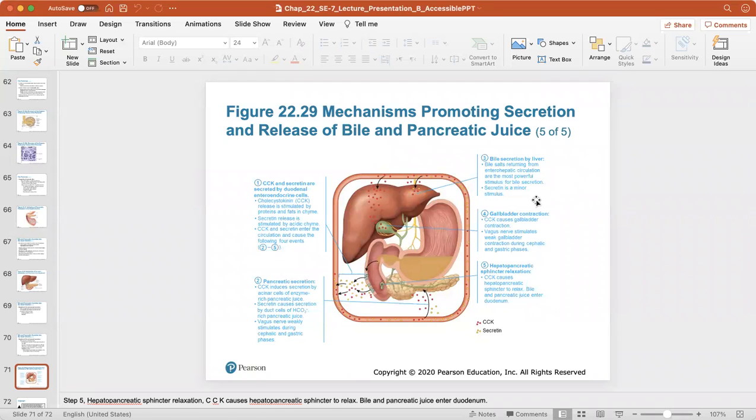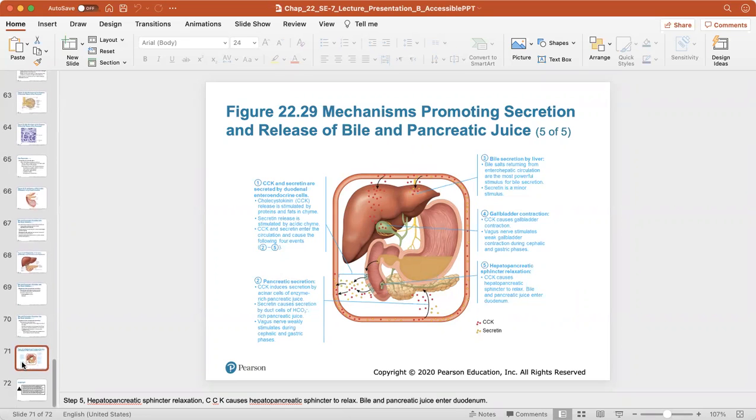Secretin is a minor stimulus, along with gallbladder contractions, and then hepatopancreatic sphincter relaxation. That has to do with the sphincter, which will relax or open to allow all of these juices and bile to enter the duodenum. So this is part B, and then we're going to move right into part C.